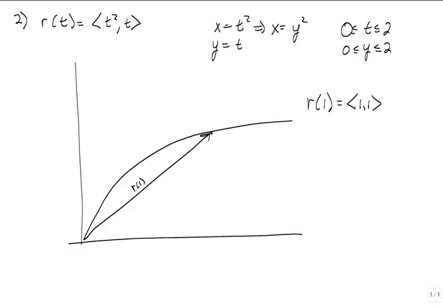That's R1. And R of 1.1 is (1.21, 1.1). So that's (1, 1). Then if we go a little bit over, this is going to be R of 1.1.